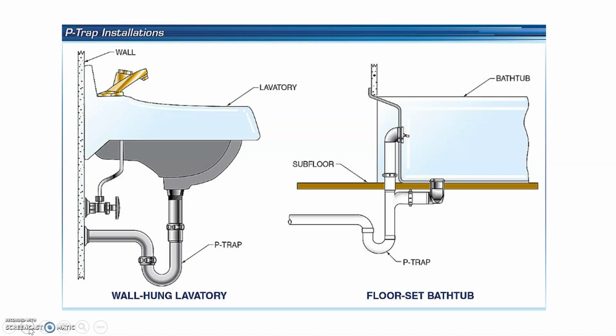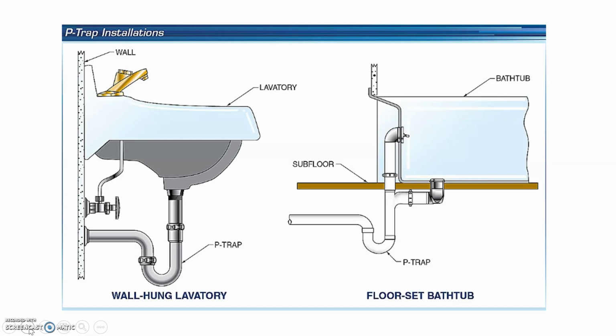Unlike the wall-hung one on the other side, which has a union trap that can come apart, our P-trap on the right-hand side for a bathtub is a solid, all-in-one glued trap that cannot come apart unless you either break it or cut it apart.